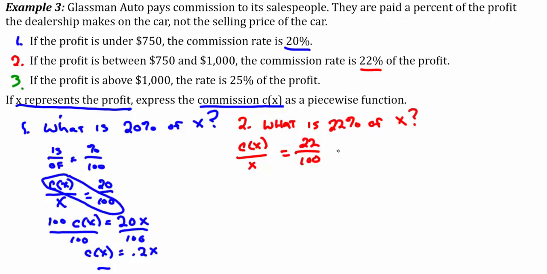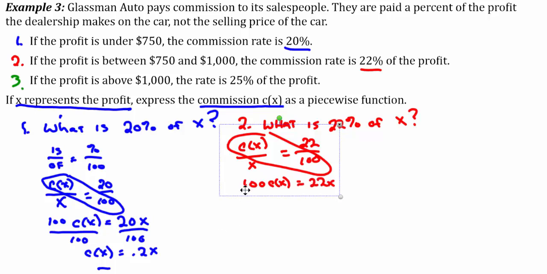If we were to cross multiply, we're going to get 100 times C of X equals 22x, and then we'll divide by 100. If we divide 22 by 100, you should get C of X equals 0.22x.